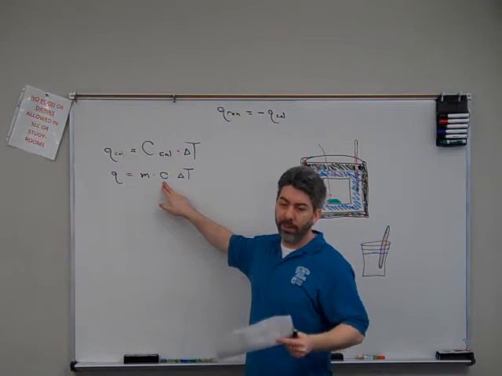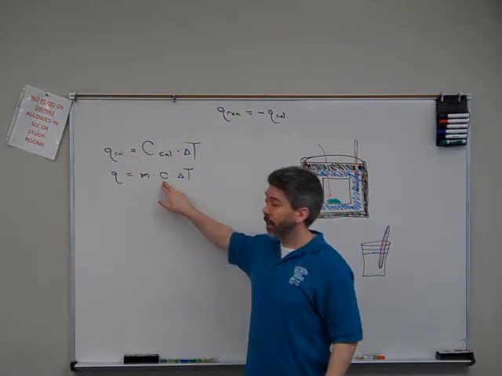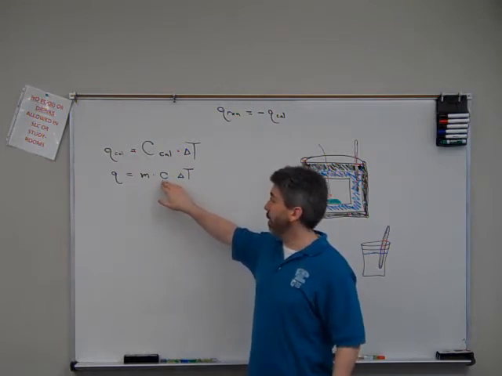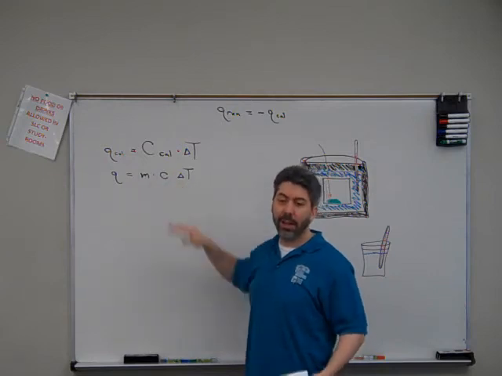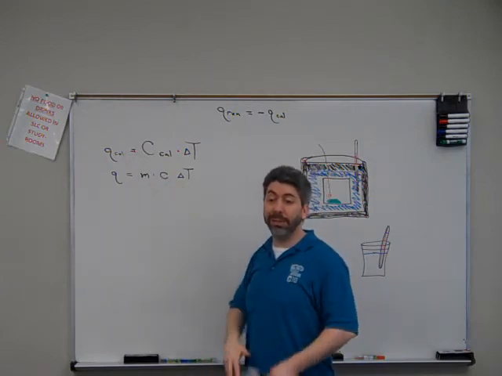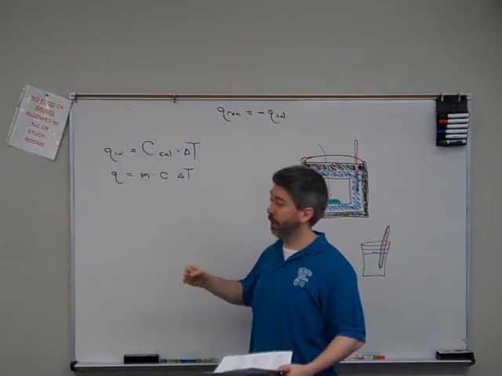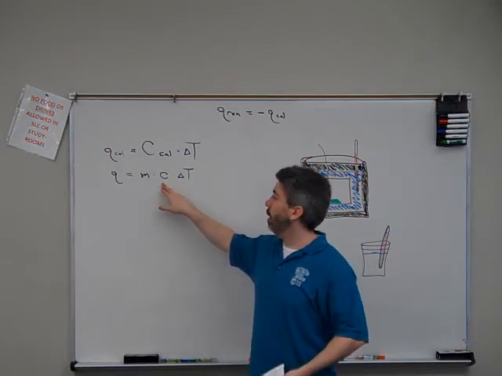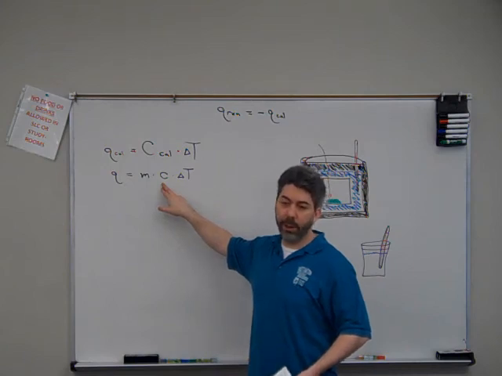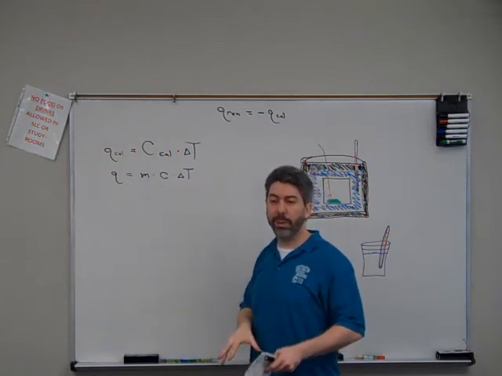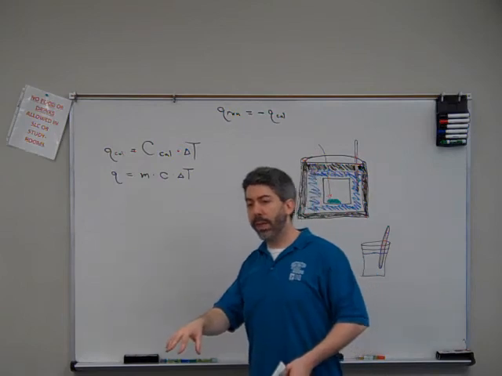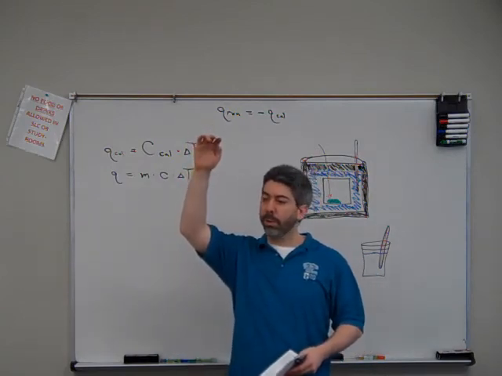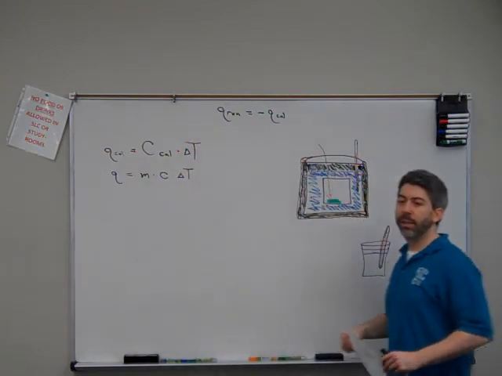It tells us how effectively something holds heat. So if C is high, then the substance is capable of holding a lot of heat per degree Celsius. If the C is low, like a metal or aluminum, then it's very poor at holding heat, can only hold a little bit. You add just a little bit of heat, and it jacks the temperature up. Does that make sense?